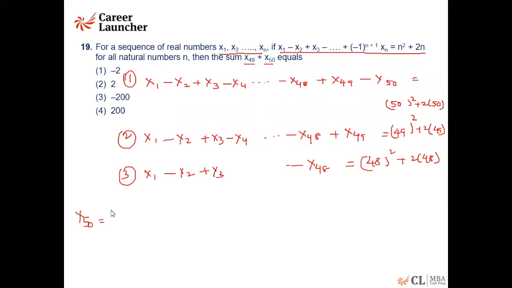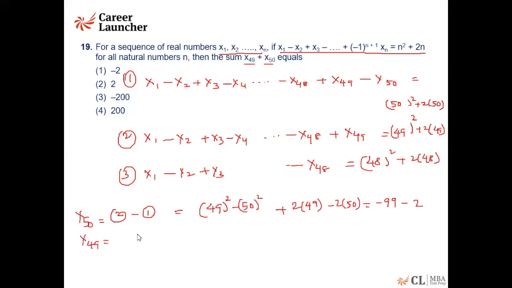I get x50 by subtracting equation 2 minus equation 1. So that will be basically nothing but 49 squared minus 50 squared plus 2 into 49 minus 2 into 50, which is basically equal to minus 99 minus 2. Now, how do I get x49?